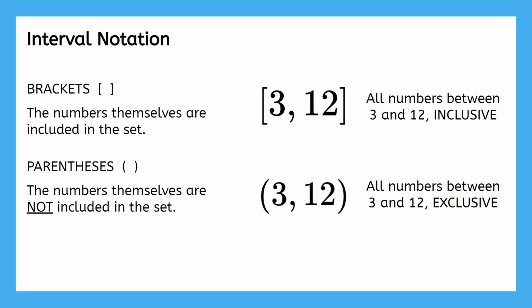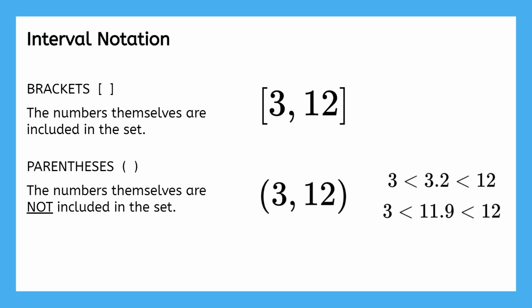Be careful though. If we're excluding 3 and 12, it does not mean that we're starting at 4 and ending at 11. For example, 3.2 and 11.9 would still be included in the interval of 3 to 12 exclusive. Those numbers are both greater than 3 and less than 12, so they are in the interval.